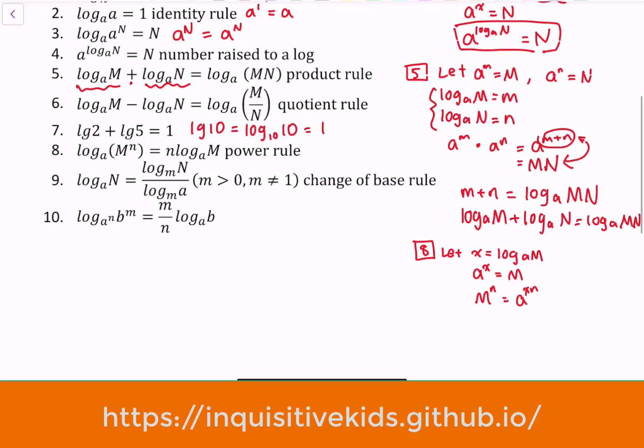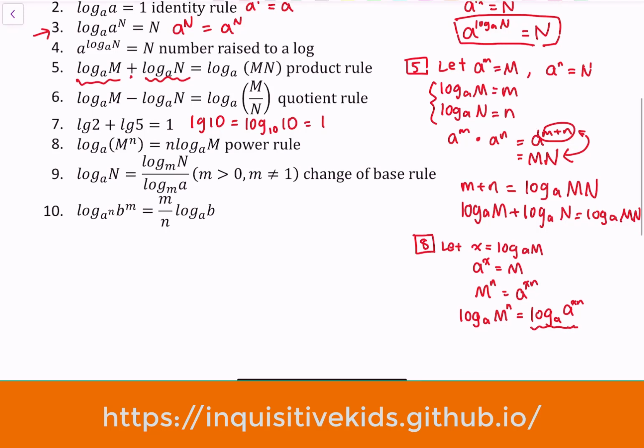Now we're going to take the log of both sides. We're going to use log base a. Log base a of m to the nth power is equal to the log base a of a to the x times nth power. So using property number 3, we can see that the right side of the equation is equal to just xn.